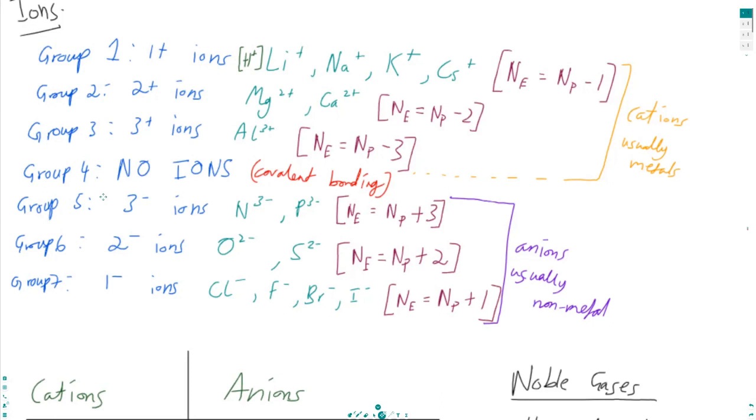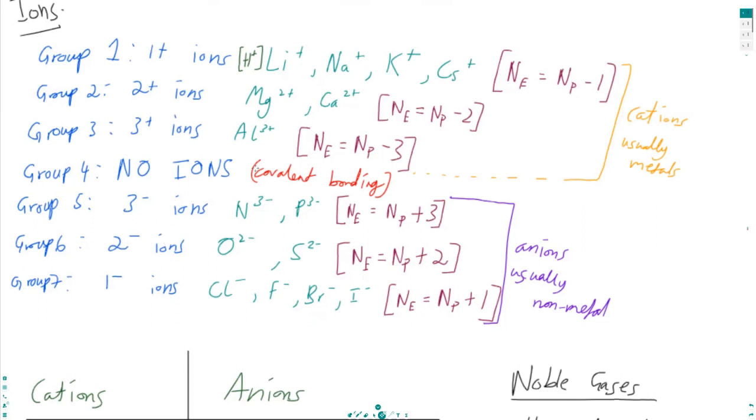So beryllium, boron, carbon and silicon don't form ions.